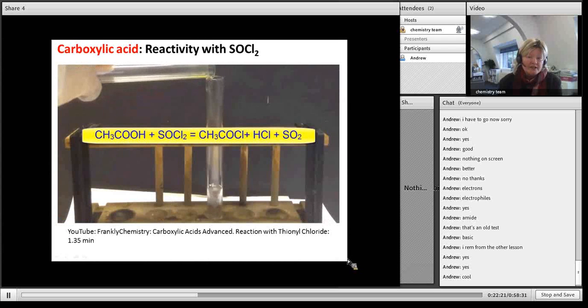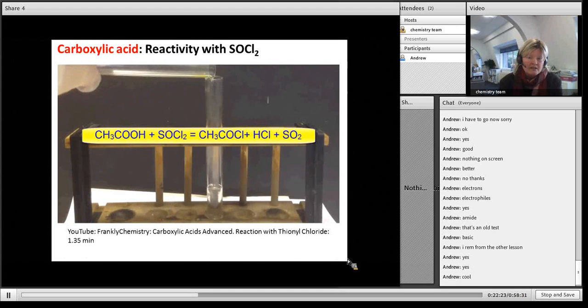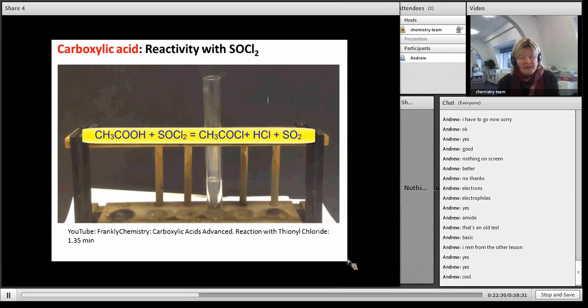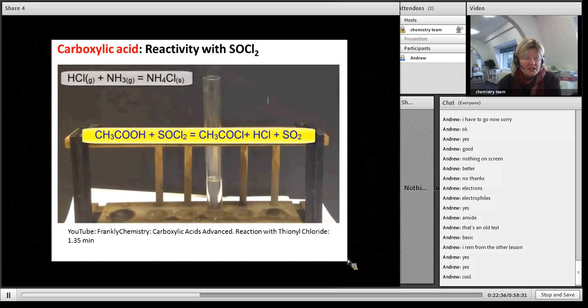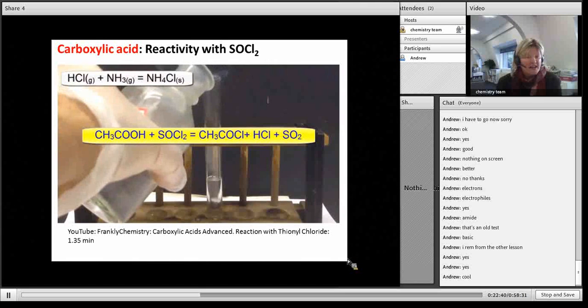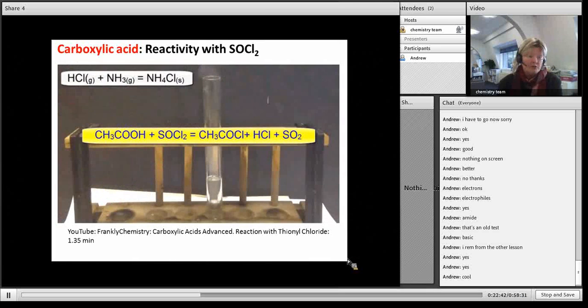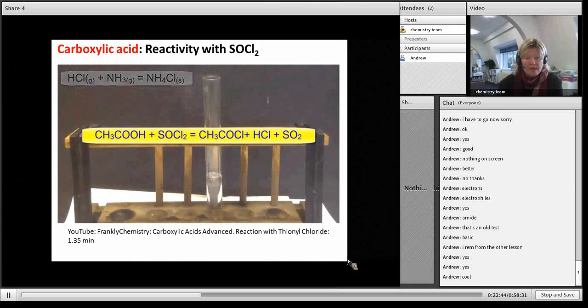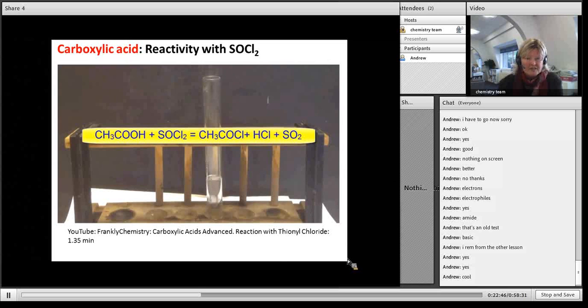It's not quite as reactive as ethanoyl chloride, but can you see there are those fumes coming off? So you are forming HCl. So this is the way you would go whenever you want to do a reaction. Take your ethanoic acid, form the acyl chloride, and then use that to react further to form an ester or an amide.